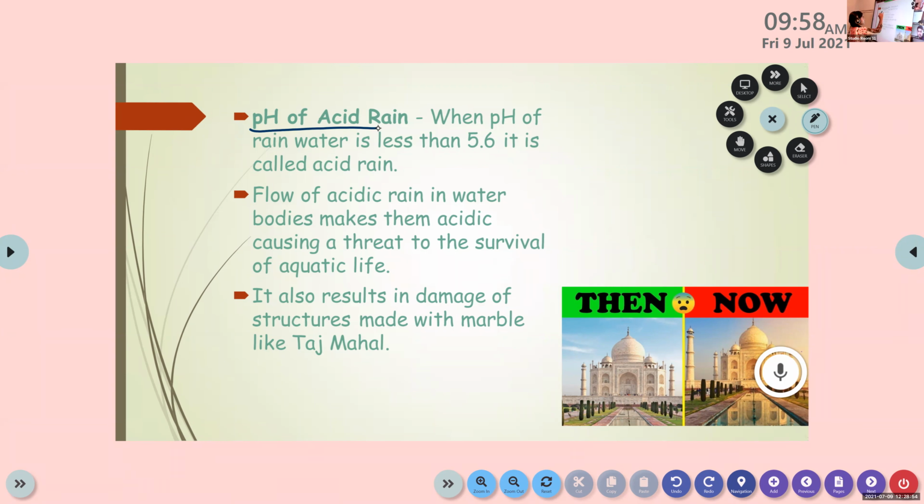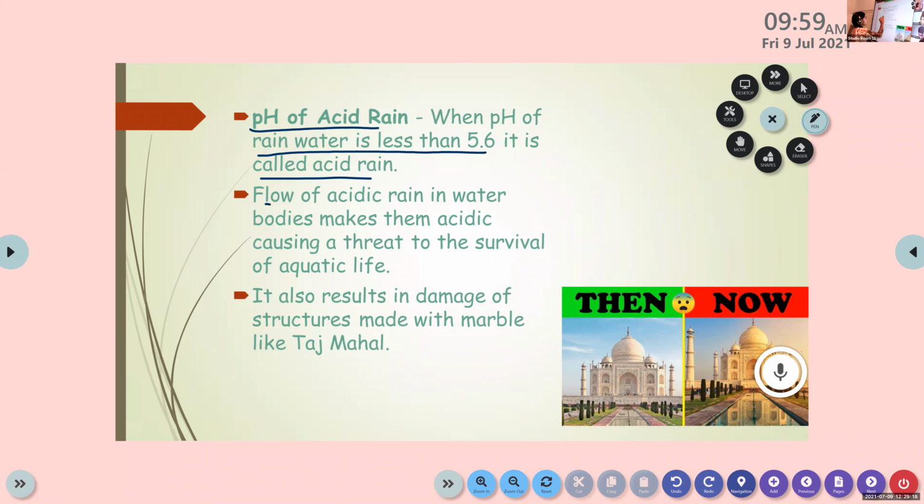When the pH of rainwater is less than 5.6, it is called acid rain. This acid rain is very dangerous to all living organisms on earth, and also to non-living things.